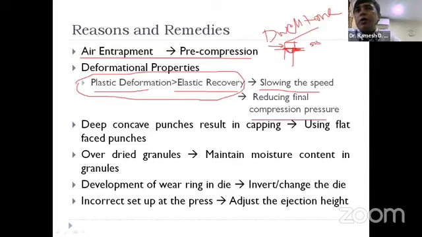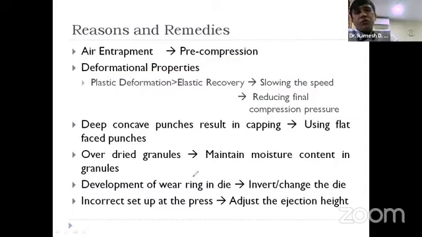So the lower cap sometimes may be removed and separate. That is called capping. So when it is not required to use the deep concave punches, we need to use flat face punches only.